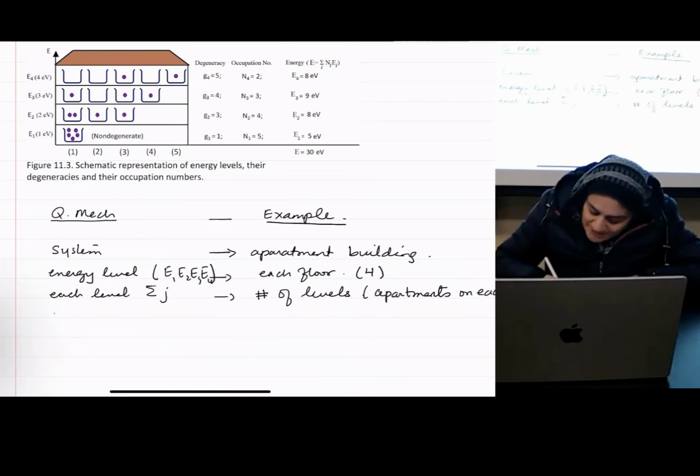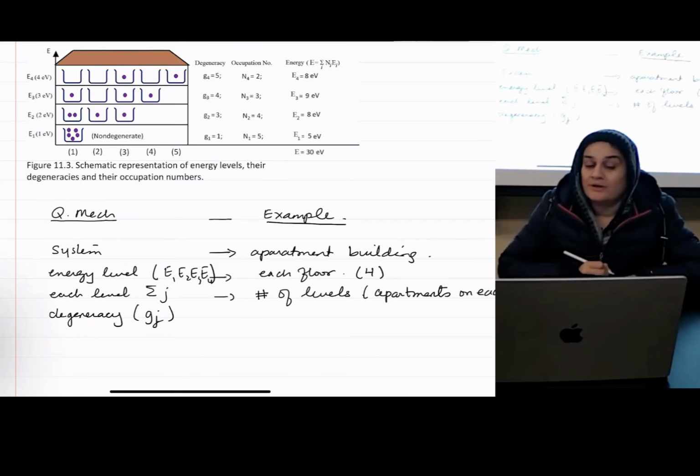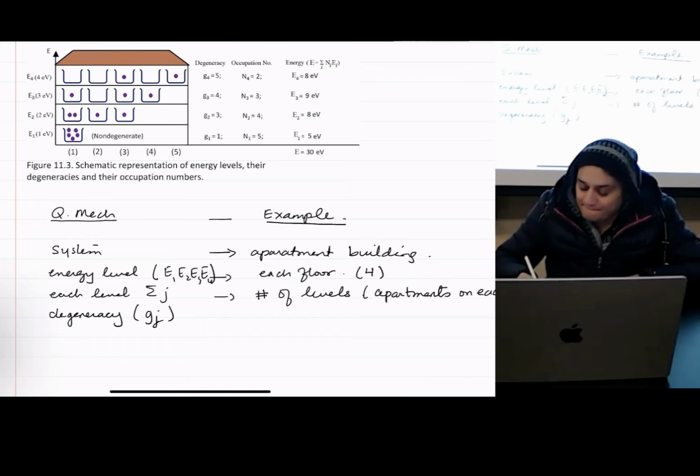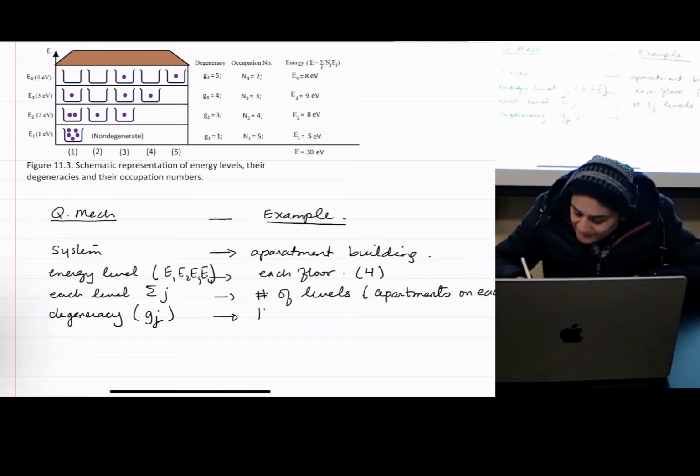So the degeneracy, which I called g, is the number of apartments on each floor.